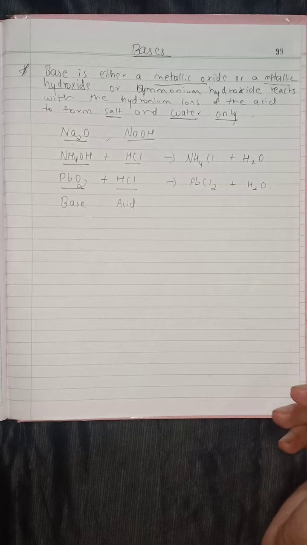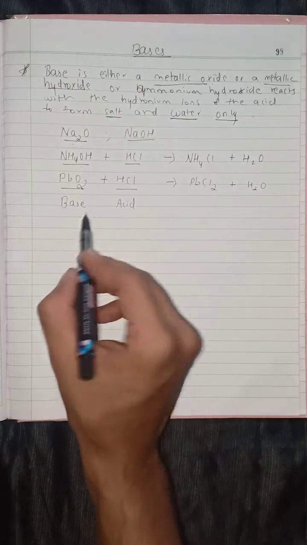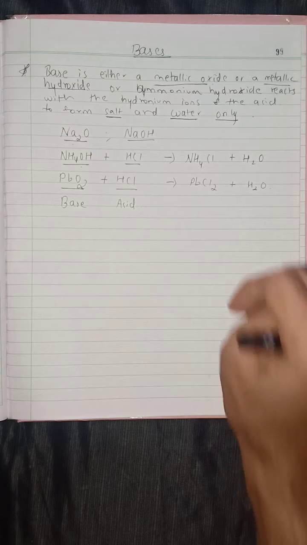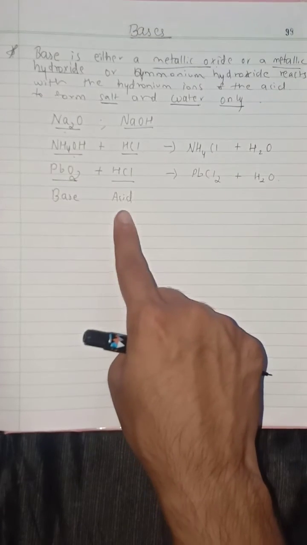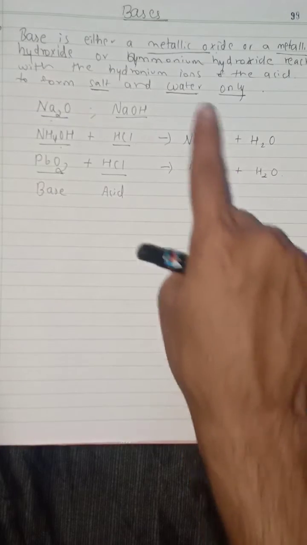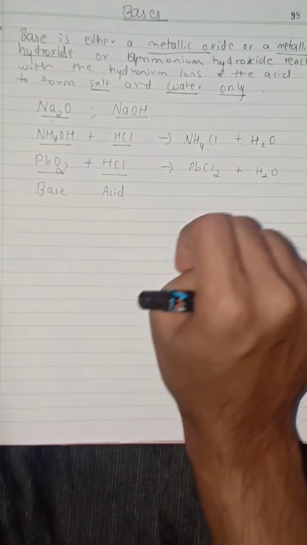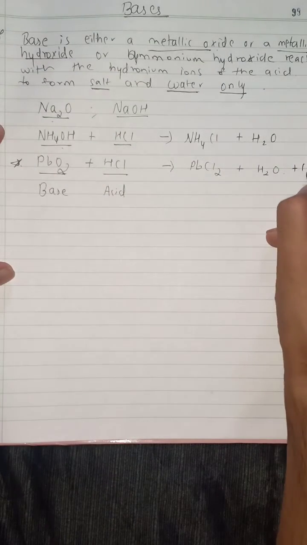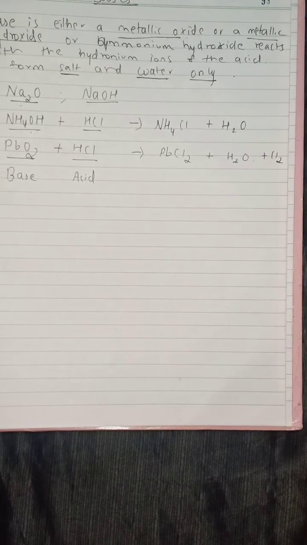Now if the acid reacts with a base, it will give you salt plus water only, but in this case it is going to give you chlorine also.